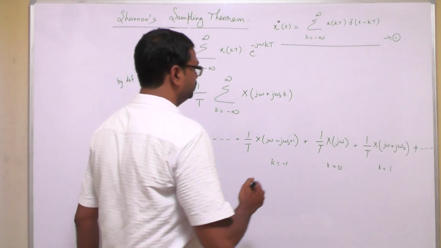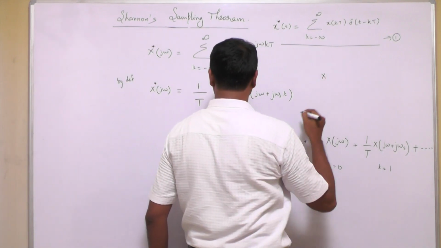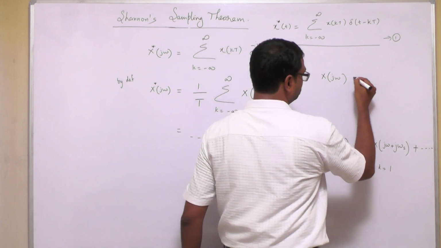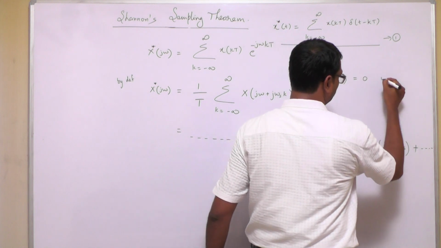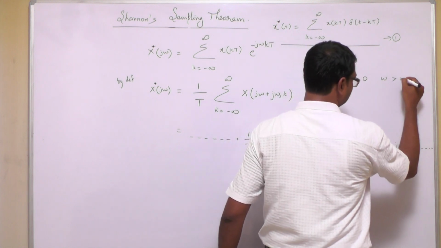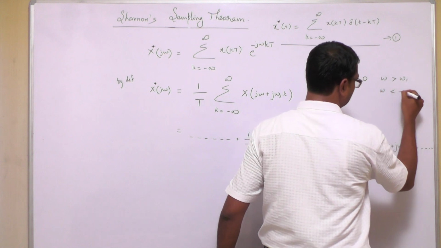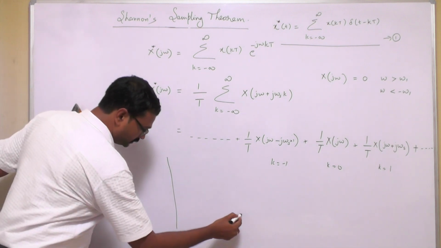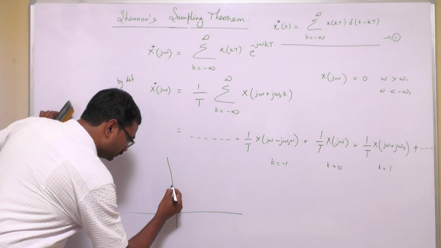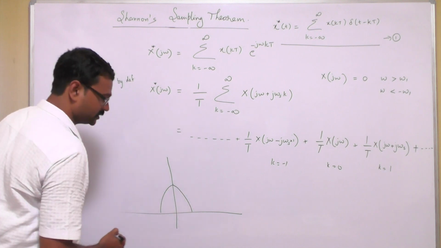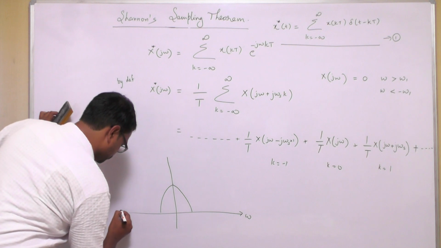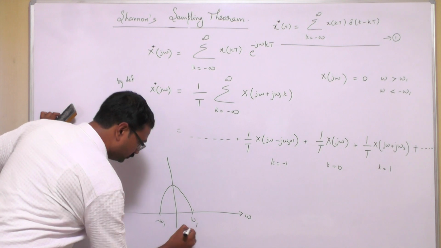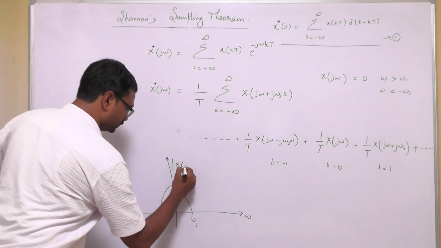Now let us say here we are considering x of j omega equal to 0 for omega greater than omega 1 and omega less than minus omega 1. Let me once again draw the frequency spectrum of our function: this is minus omega 1 and omega 1, and this is mod x of j omega.